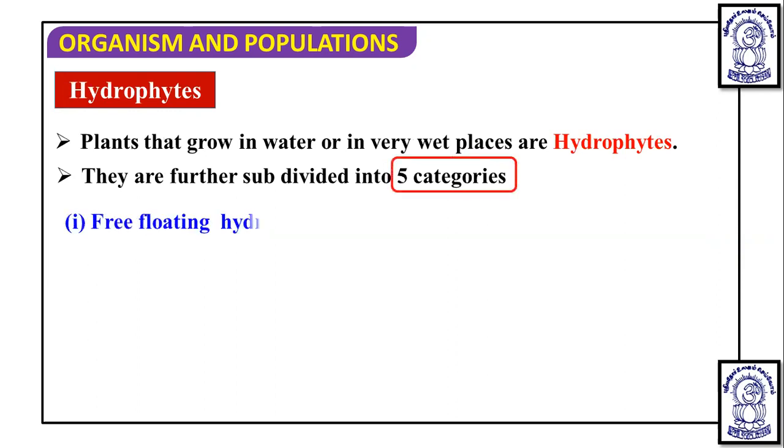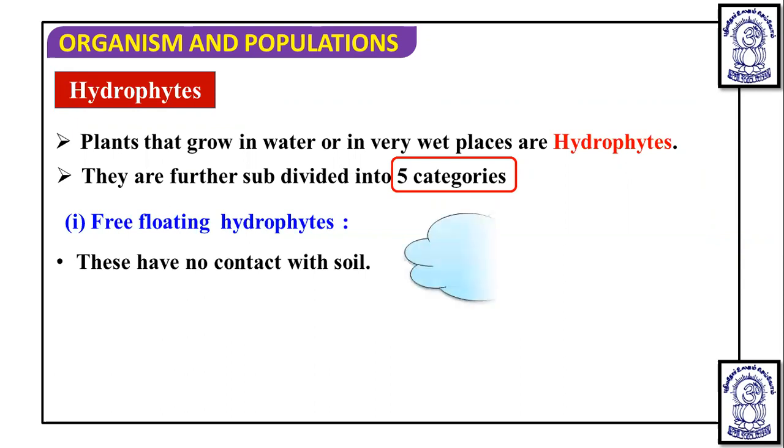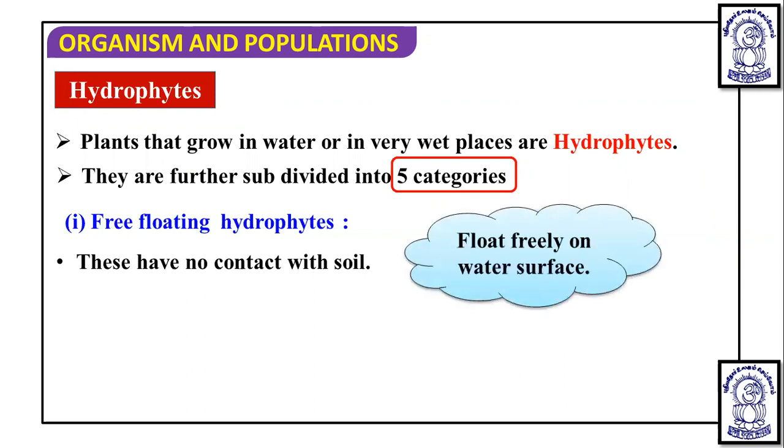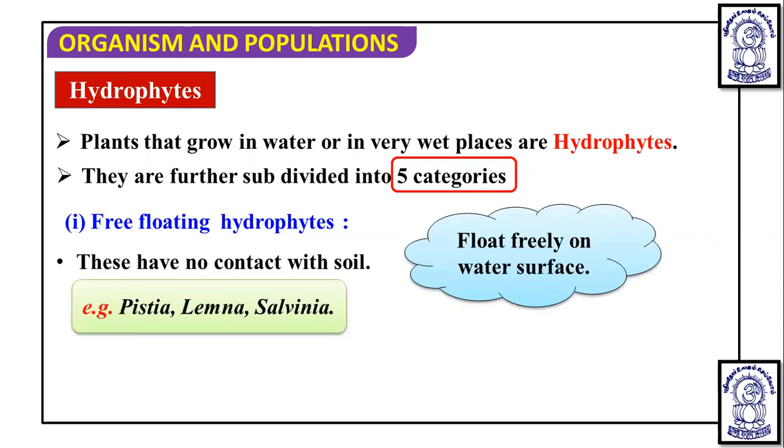The first category is the free-floating hydrophytes. These have no contact with the soil. They are freely floating within the water body, floating freely on the water surface. Pistia, Lemna and Salvinia are important plants which are free floating.